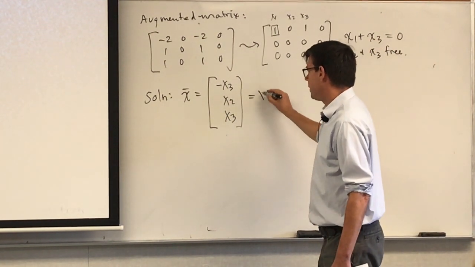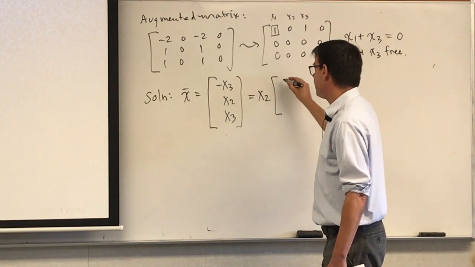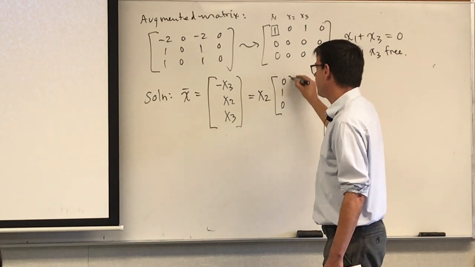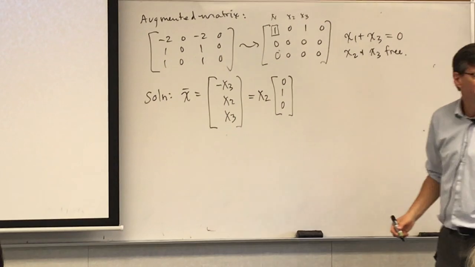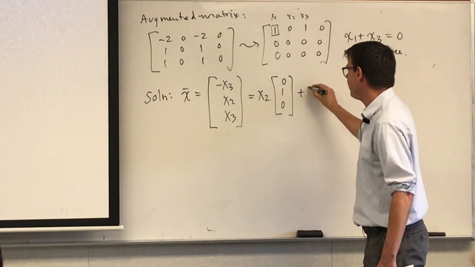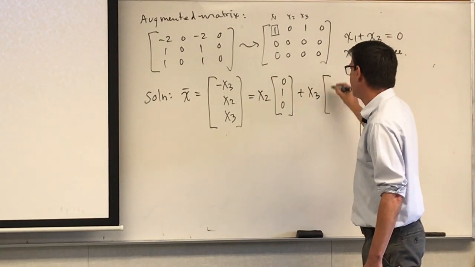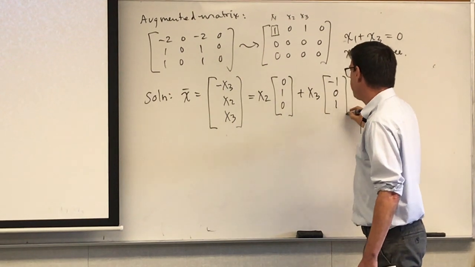So I can write this as x2 times 0, 1, 0. So I think I don't need to fill in all the details here, right? I'm probably filling in too many details for you guys. Plus x3 times negative 1, 0, 1.